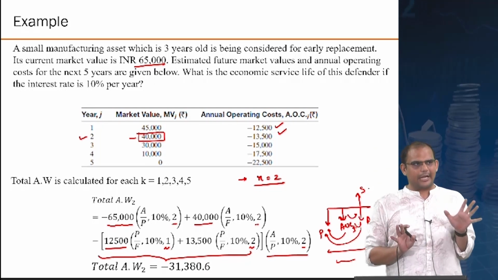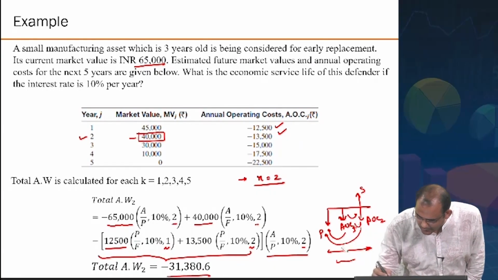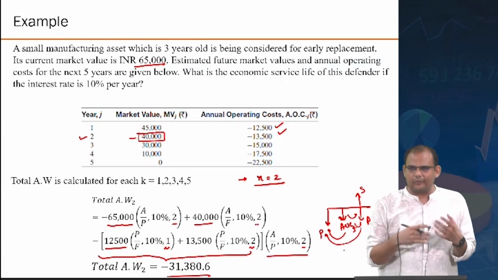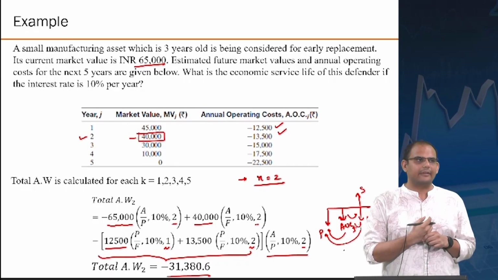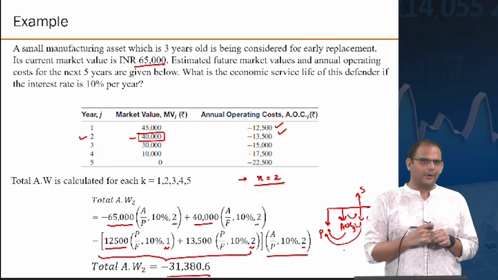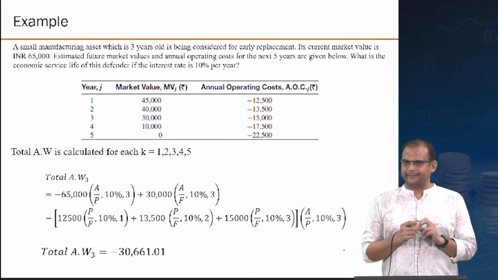Okay, with me? Are you able to understand how the calculation is proceeding? So, in this case, the total AW, if it is assumed that N, the ESL, is 2 years, comes out to be 31,380. Okay? N equals 3.